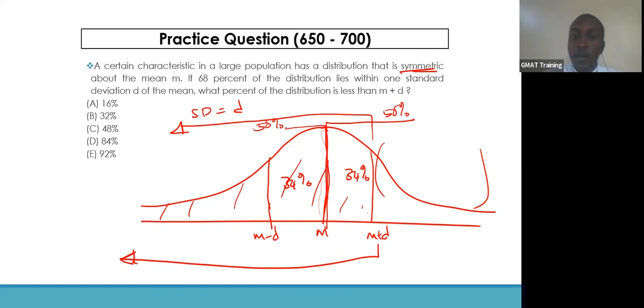And since we know that 50% is what is less than the mean, the value that we also need is the distance between the mean and one standard deviation to the right. That's 34%. Then we'll add whatever we had less than the mean, that's 50%, plus what we want also, that's 34%, and have 84%. That should be our answer, D.